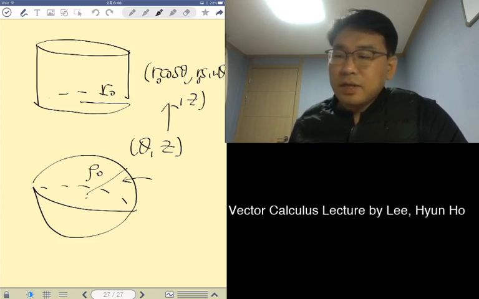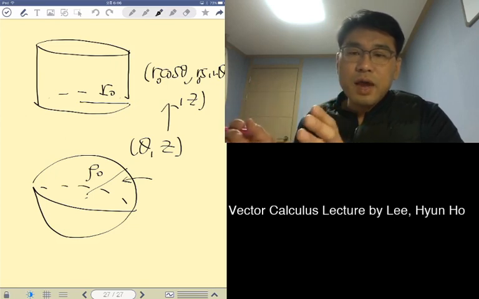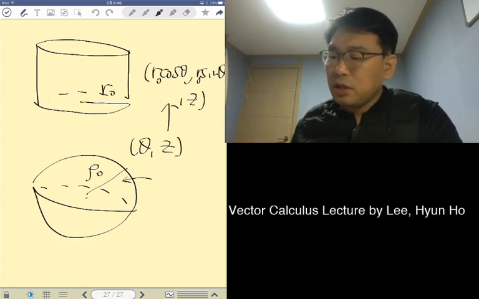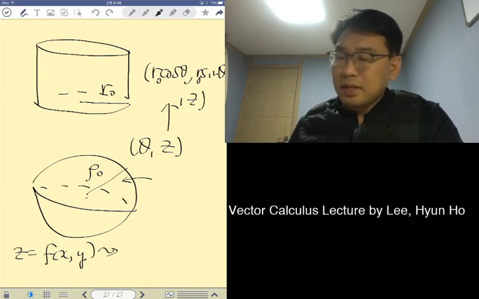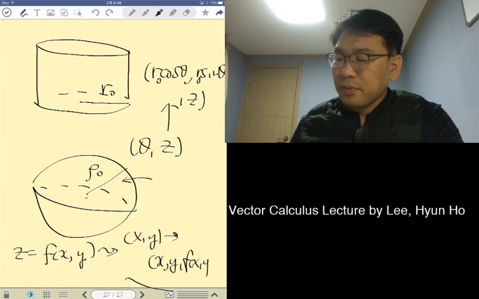So for example, when you have a graph of a function, let's say z equals f(x, y). When you are given this z equals f(x, y) case, this is always what? This is always a parameterized surface by the canonical parameterization, putting (x, y) to (x, y, f(x, y)), right?